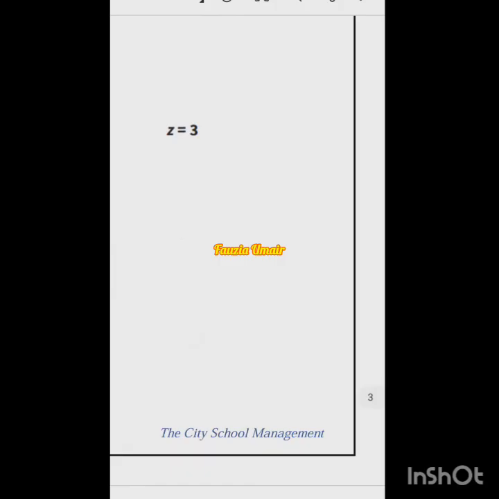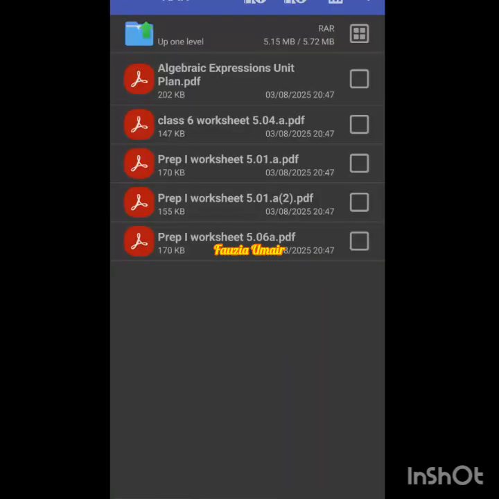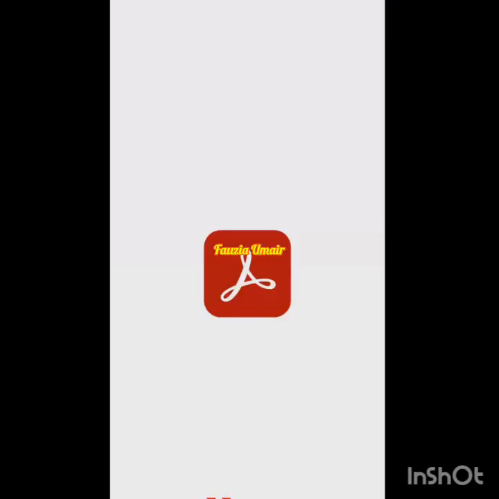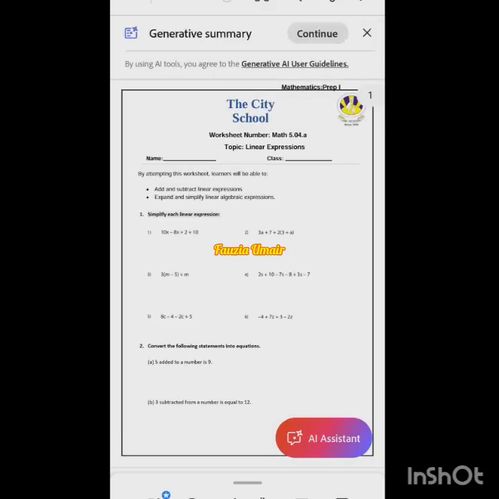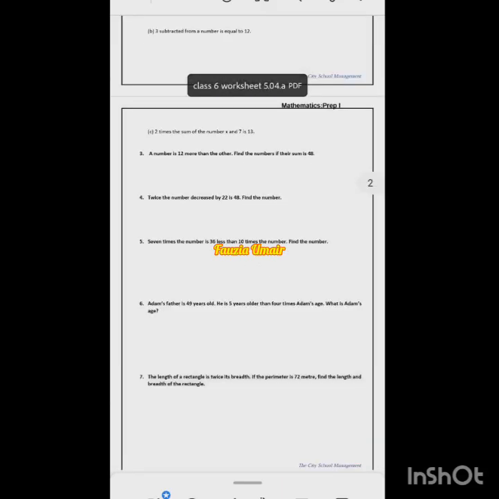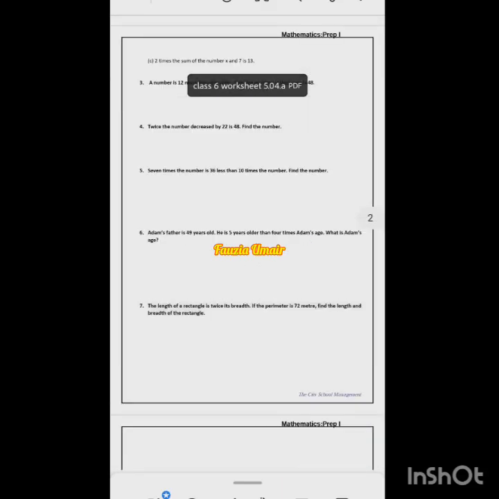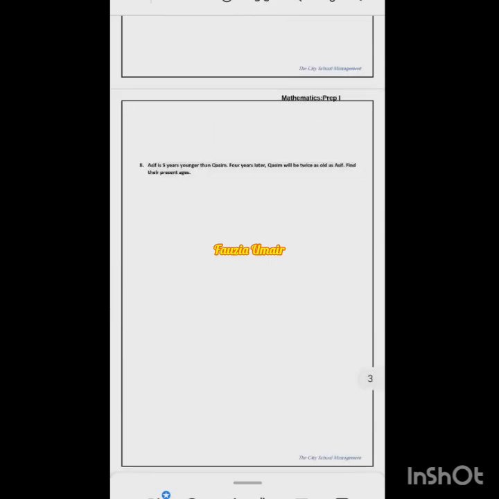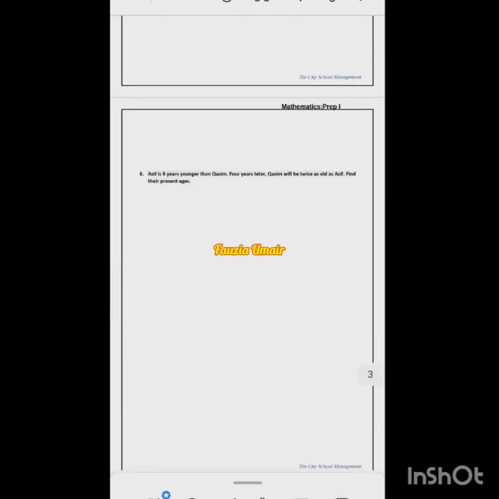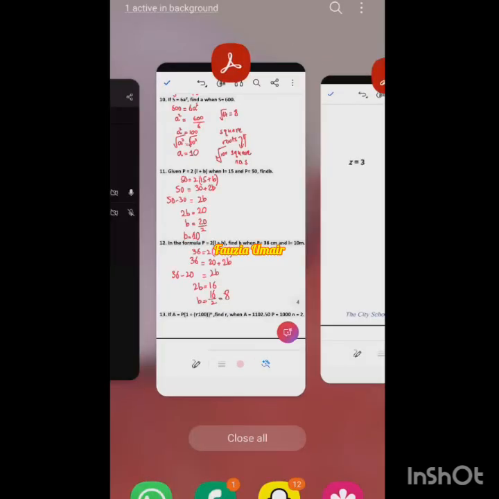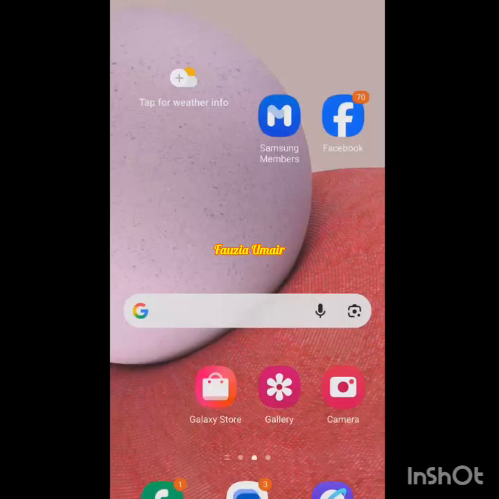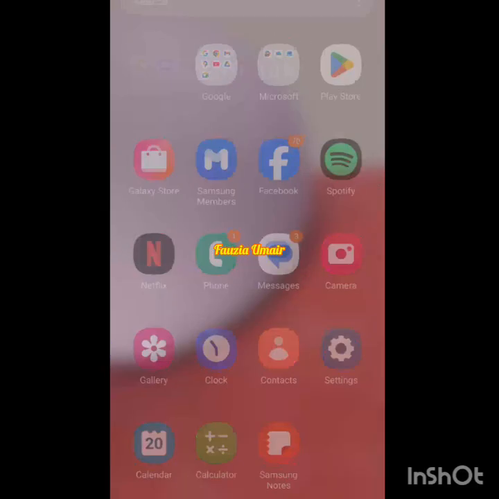So this is finished. Let's see what is there in worksheet 5.04. This is questions simplify. Not this. So now let's solve some questions from the book. I'm opening the book.